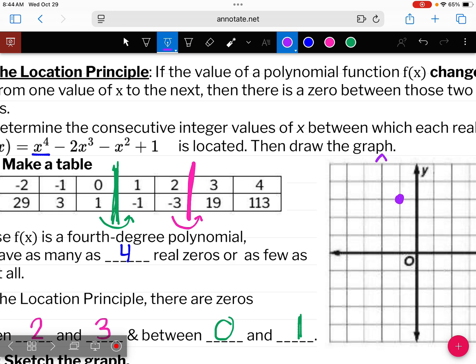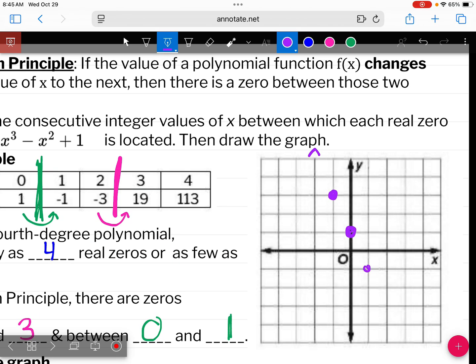It's right here on my graph. 0, 1. 1, -1. 2, -3. 3, 19. Whoop, that's way up high and off my graph. Almost at the ceiling again. And then 4, 113, I believe we could hit with an airplane. That is way up. That is not fitting.